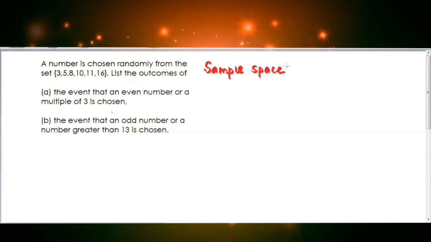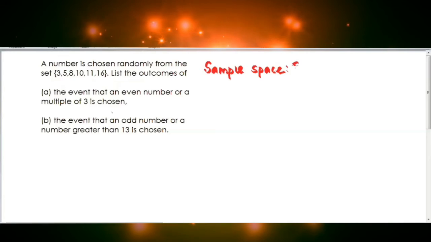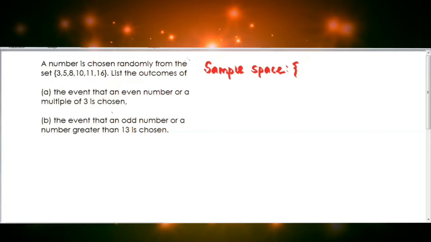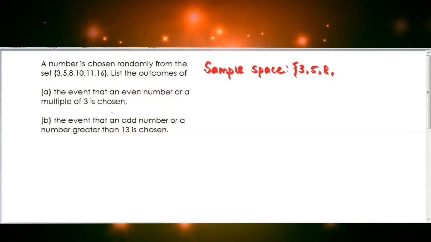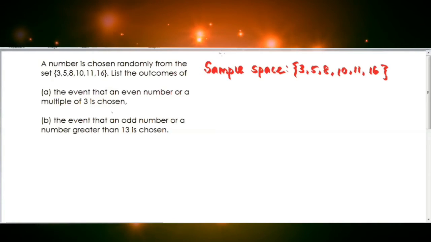Now we need to choose a number from a set. So the possible outcomes, the possible numbers that will be chosen, are 3, 5, 8, 10, maybe we will choose 11 also, and 16. This is the sample space.